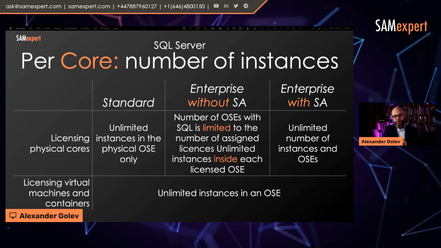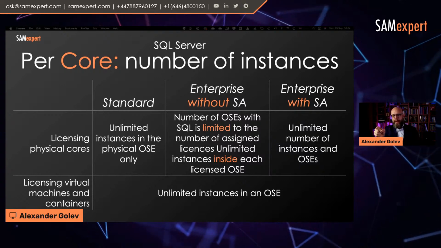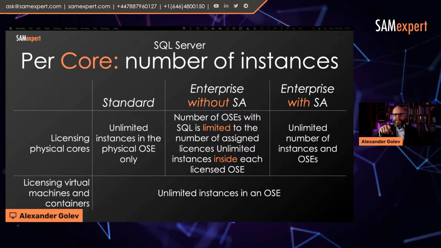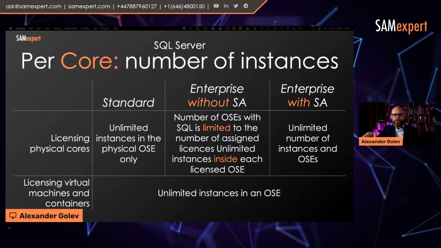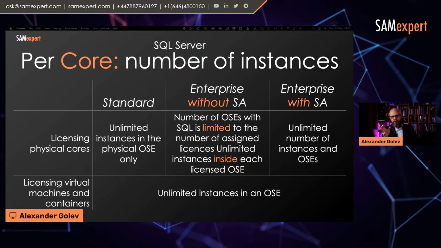If it doesn't have Software Assurance, then you need to count the number of core licenses assigned and your number of operating system environments with SQL Server, including any containers. In this case, you need to count all containers: Hyper-V, non-Hyper-V, Docker, Kubernetes, if you know what I'm talking about. You have to count them all.